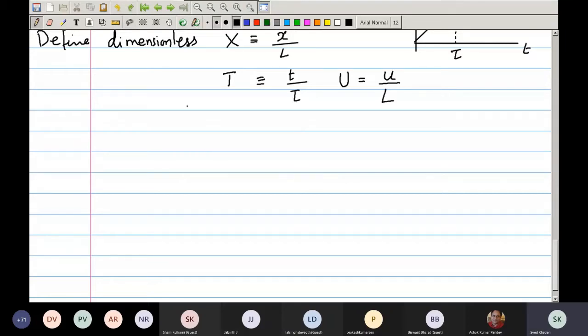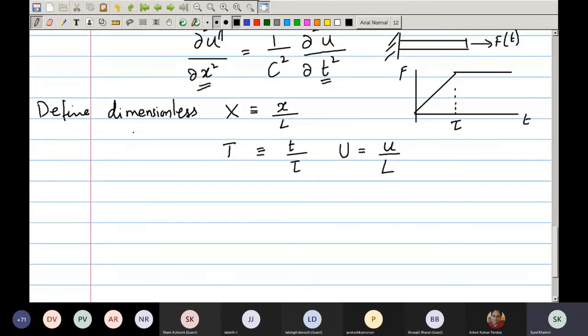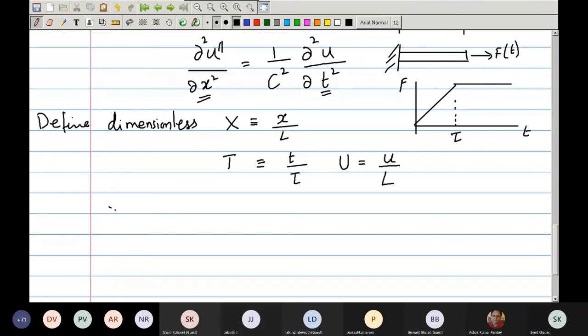So the first term is d square u by d x square.